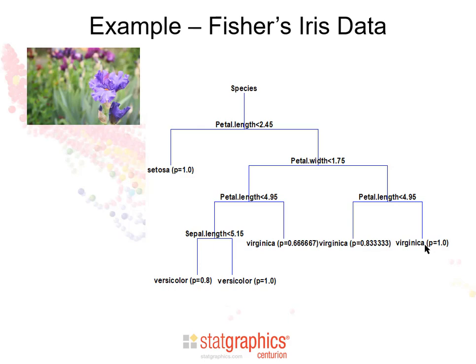The only samples that made it to that leaf were Virginica. Most of the samples that made it to this leaf were also Virginica, but not all of them. So you see the probabilities differentiating sometimes one leaf from another.